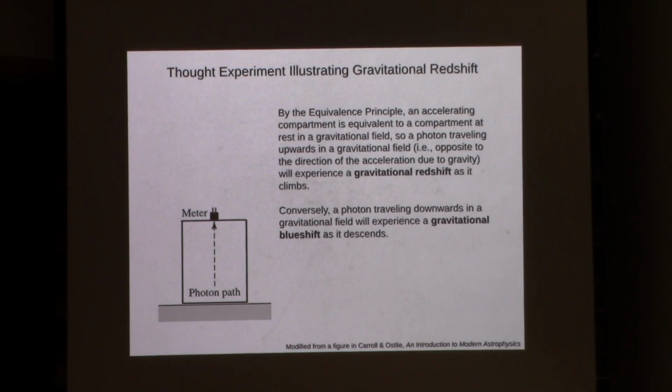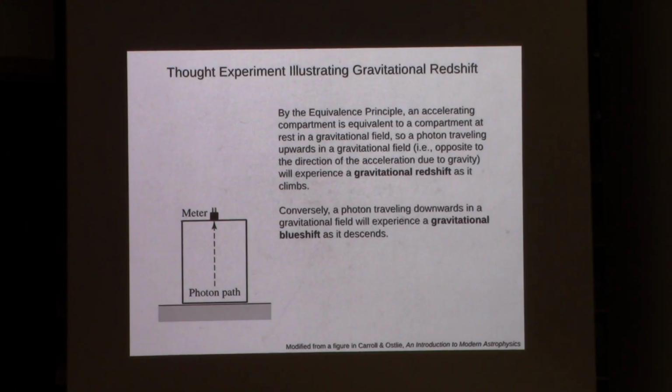Conversely, a photon traveling downwards in a gravitational field will experience a gravitational blue shift as it descends. So far, harmless enough. I'm just talking about the wavelengths of photons getting longer, getting shorter, but now the twist.